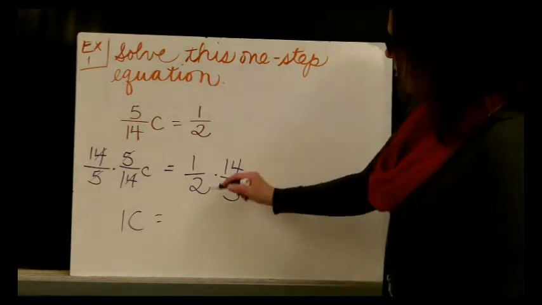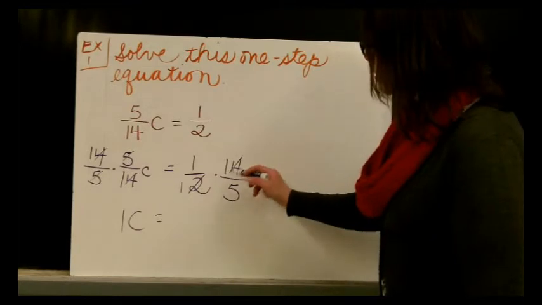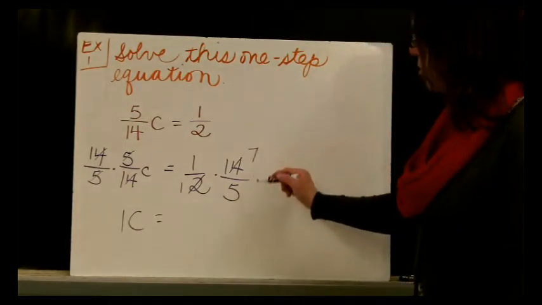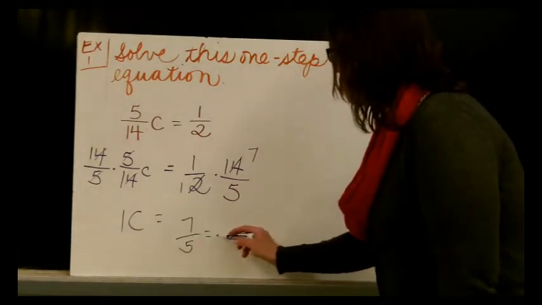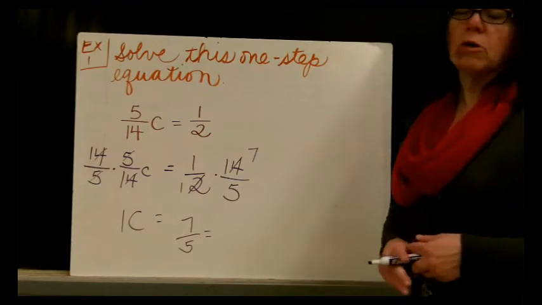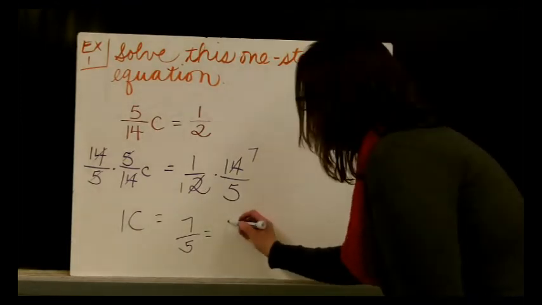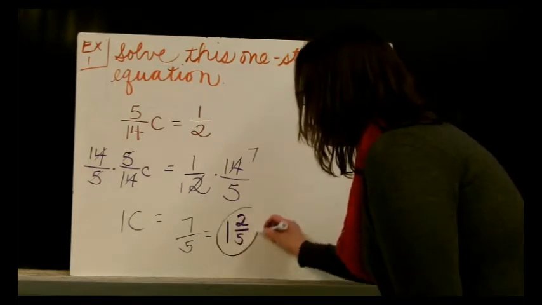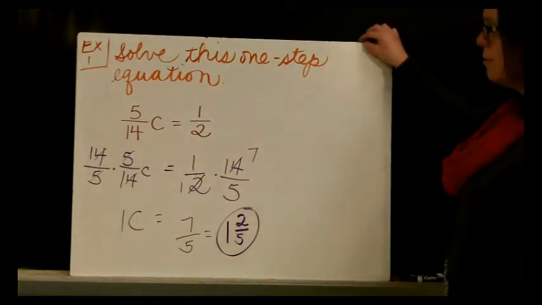Now on this side, when we do some simplifying, the 2 goes into itself once, and it goes into the 14 7 times, giving us a value of 7/5. And remember the rule of fractions, it always has to be in its simplest form. 7/5 simplifies to 1 2/5. And this is what c equals in our first example.